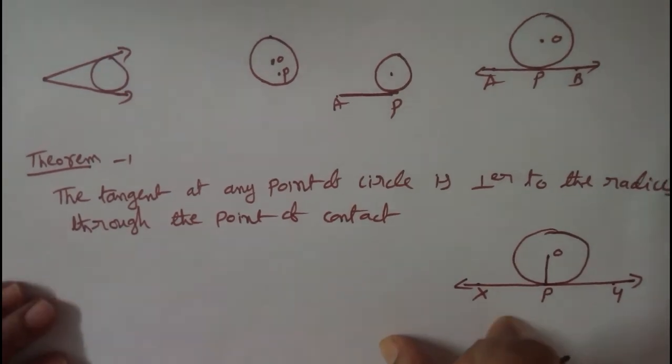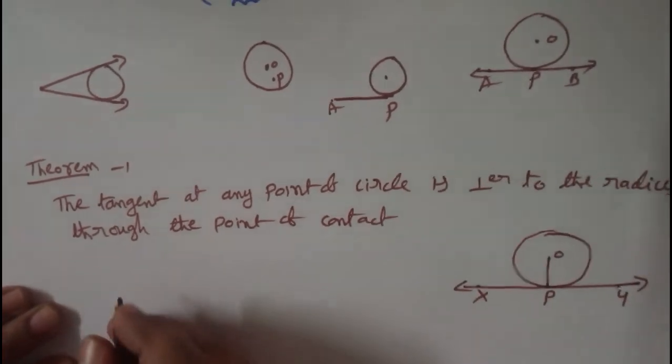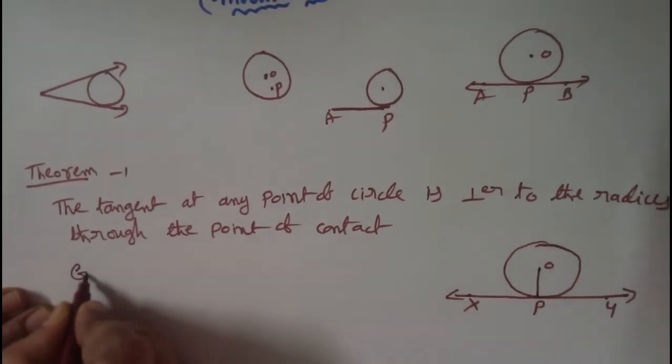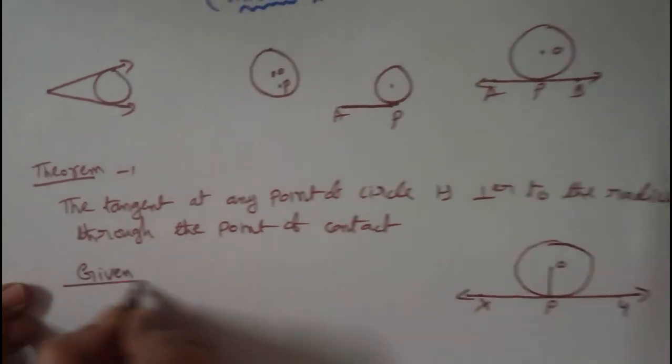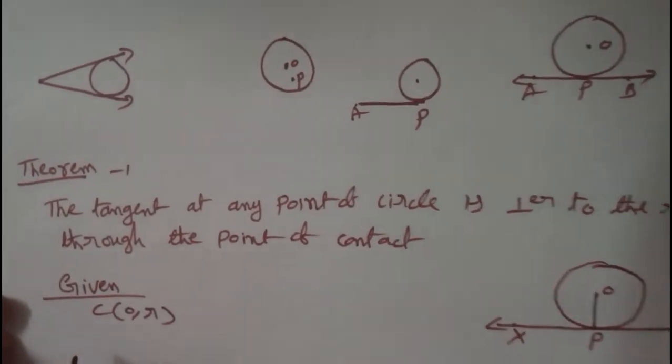So here what is given? C is a circle with the center O and radius R units.